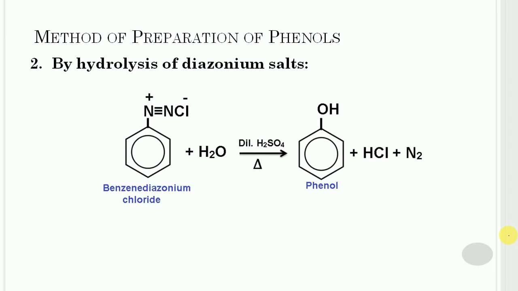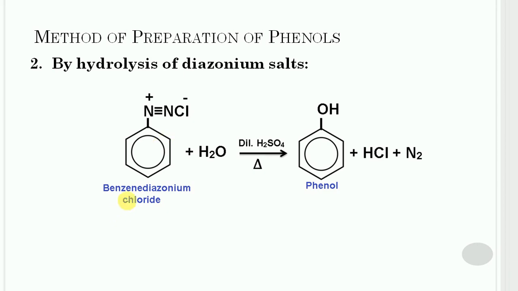Then the second method is hydrolysis of diazonium salt. This is one of the most convenient methods for the preparation of phenol. In this case, benzene diazonium salt is added to boiling dilute sulfuric acid, and phenol will get formed.